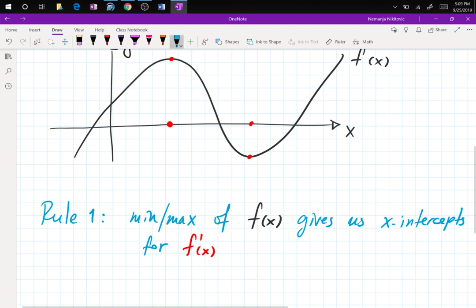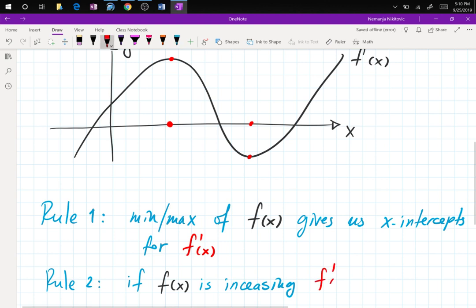Now, rule 2 says if f of x is increasing, so if f of x is increasing, f prime of x is positive.